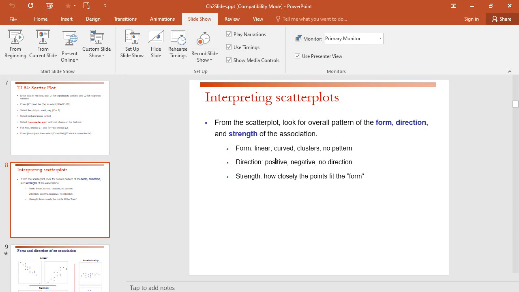So positive would mean that the two variables tend to increase together, or the two variables tend to decrease together. Or maybe when one increases, the other one decreases. By strength, we are talking about how closely the points fit the overall pattern.